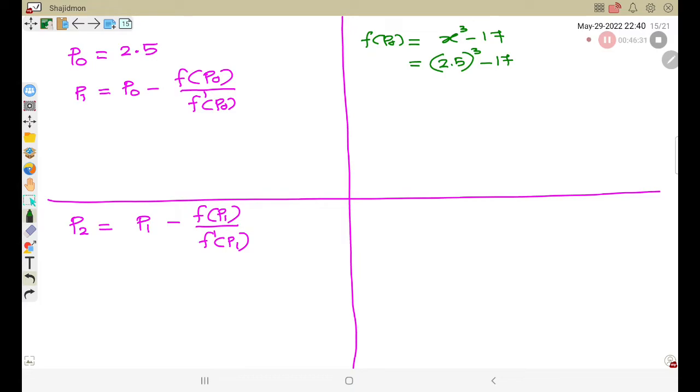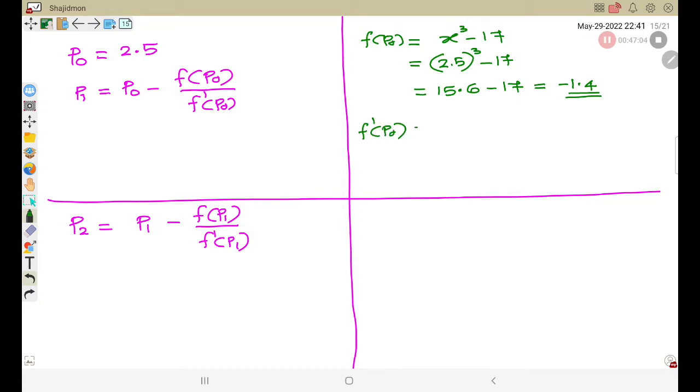Now 2.5^3 using 3-digit rounding, we calculate separately: it equals 15.6. Minus 17. So what will be the answer? 15.6 minus 17 is minus 1.4. Minus 1.4. Okay.